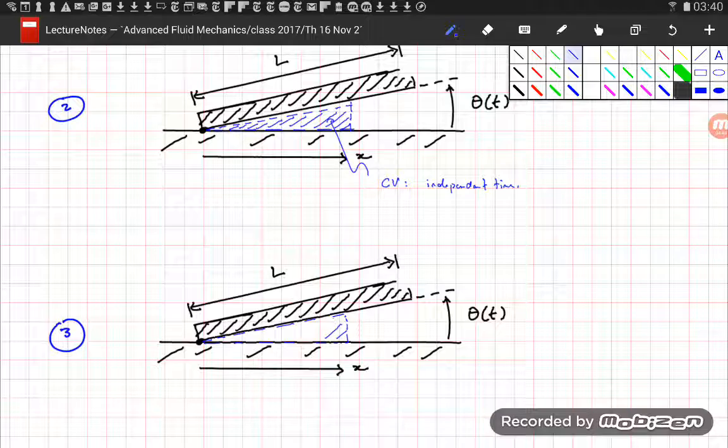So now your control volume is no longer independent of time. It actually does depend on time. So CV, control volume, is a function of t, where the top surface here follows the motion of the plate. So you can pick any of those three control volumes and then try to solve the problem.